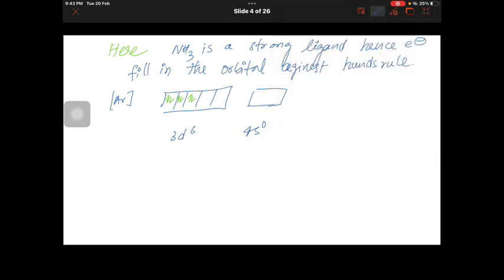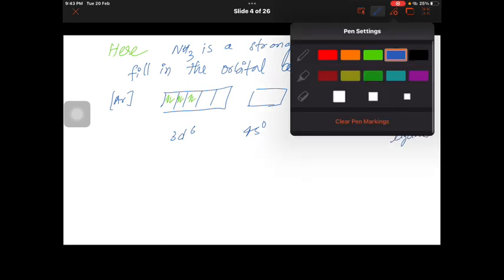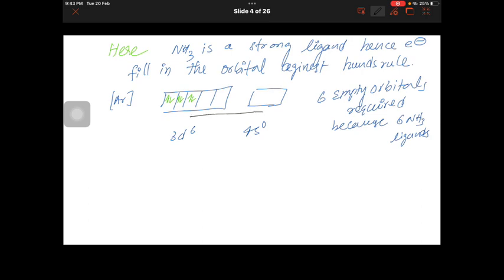We required 6 empty orbitals because of 6 NH3 ligands. We have only 3, the remaining 3 from 4p. So 3d6, 4s0 and 4p0.